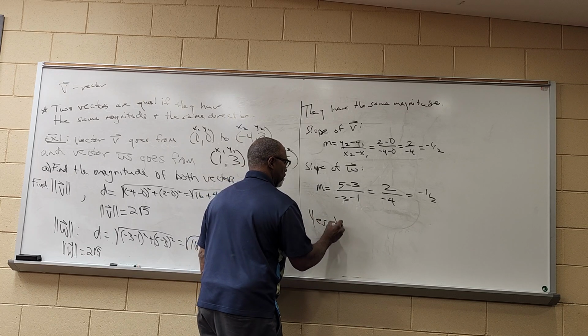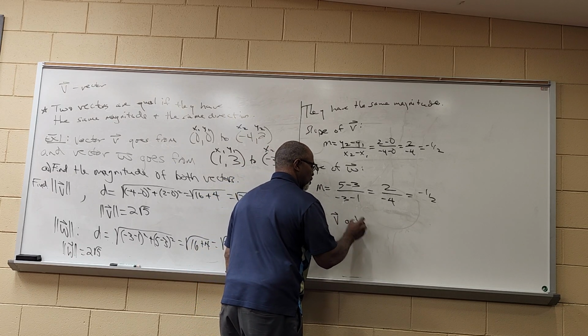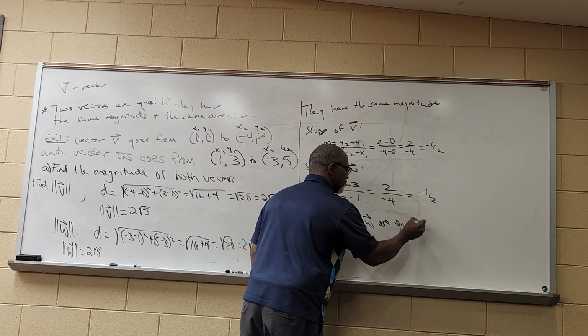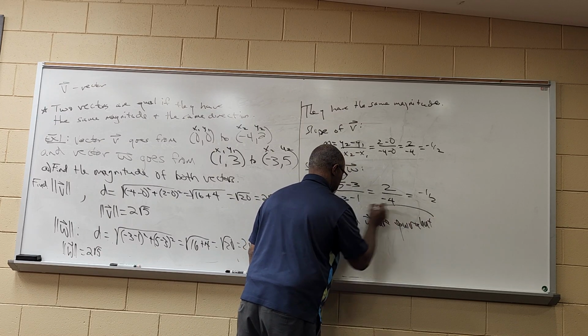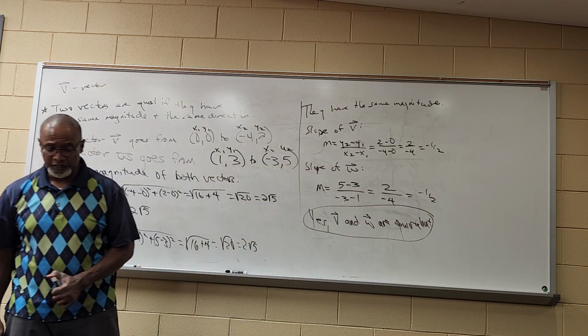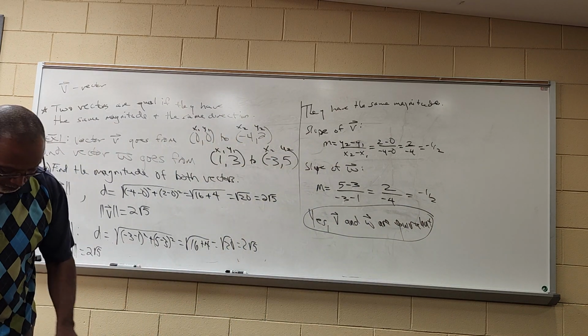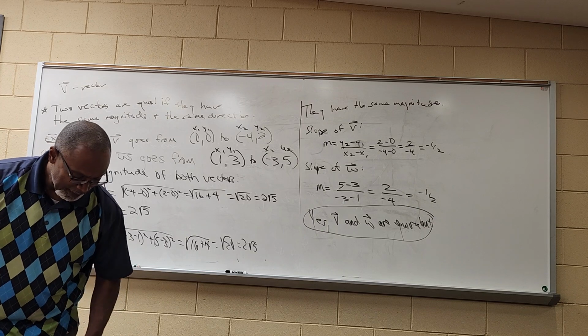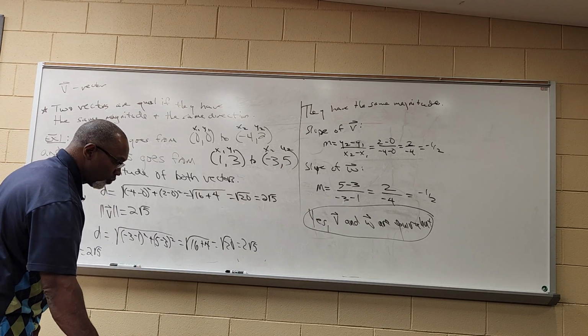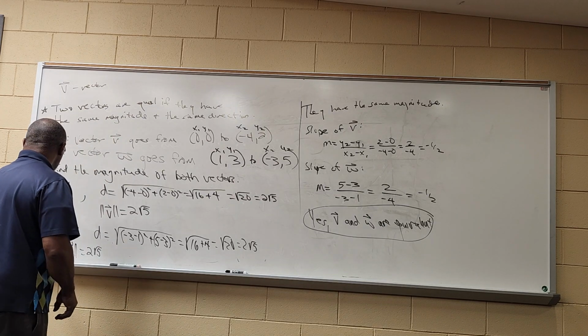Yes, V and W are equivalent. So those are, in effect, the same vectors. They're equivalent to each other because they point in the same direction and they have the same magnitude. So those would be equal vectors or equivalent vectors.